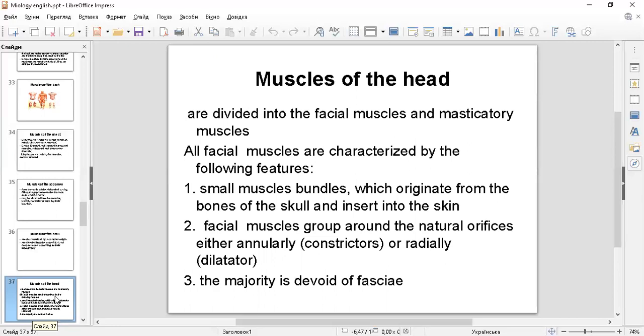Facial muscles are characterized by the following features. Small muscle bundles, which originate from the bones of the skull and insert into the skin. Facial muscles group around the natural orifices as annular constrictors or radial dilators. The majority is devoid of fascia.